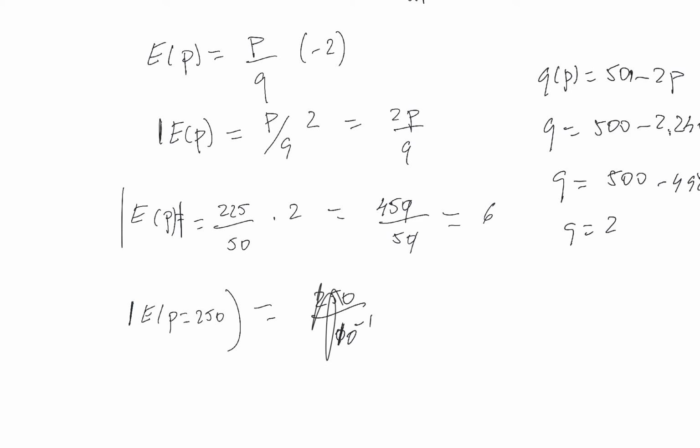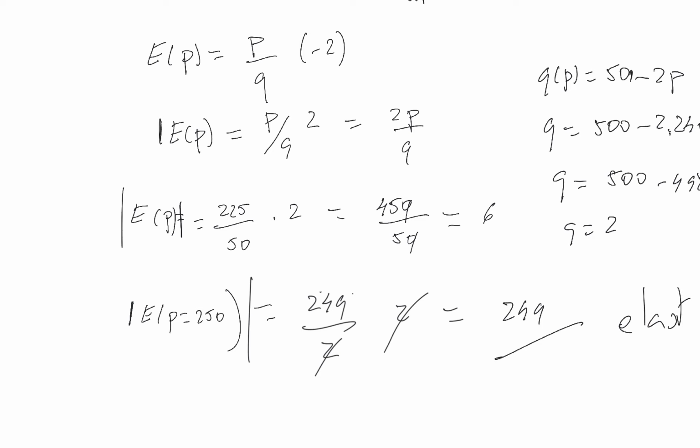When you are very close to the point 250, say P is 249 and Q is 2, the derivative is always minus 2, but in absolute value it is 2. So the elasticity will be 2 times 249 divided by 2.